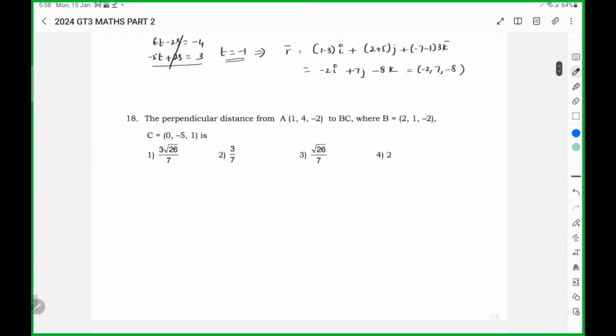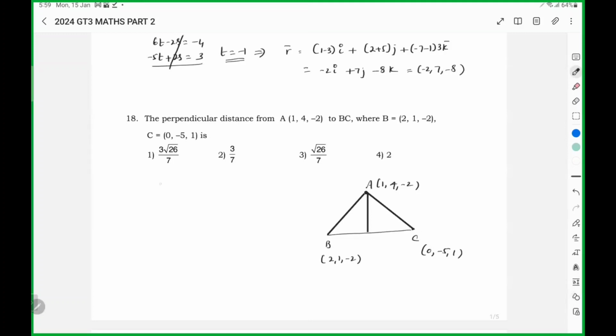So next, the perpendicular distance from A to BC. A is (1, 4, minus 2), B here is (2, 1, minus 2), C is (0, minus 5, 1). So how to find the perpendicular distance?